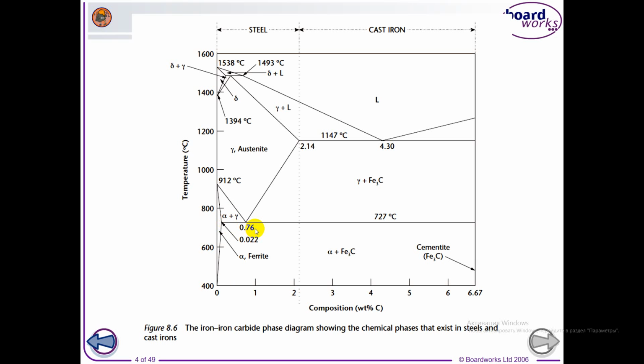With an increase in temperature, eventually there is a complete transformation to gamma austenite.